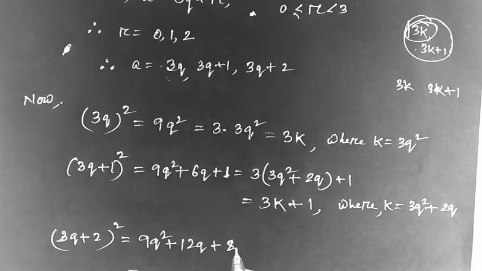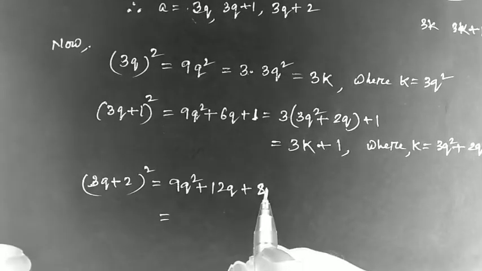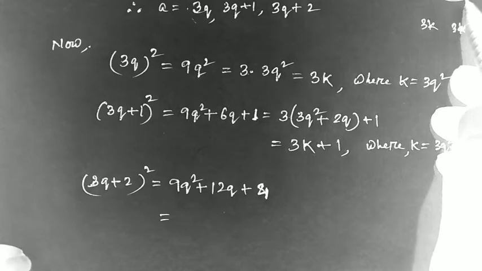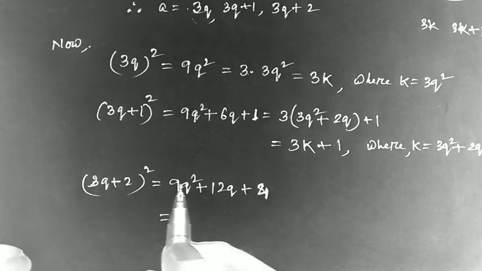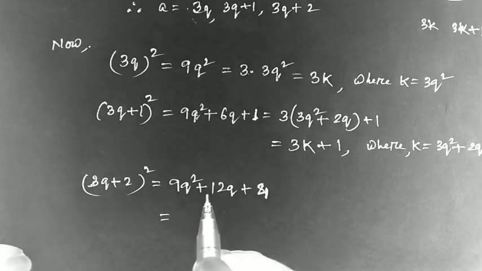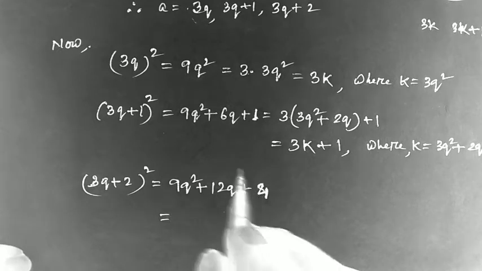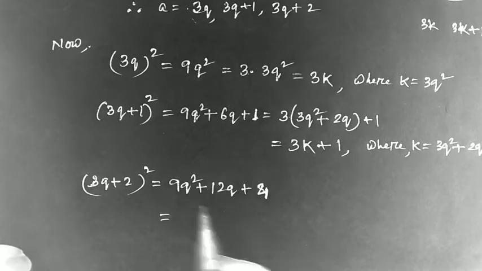Oh sorry, it will be 4. So since we need either 3k or 3k plus 1, in this case we can't say 3k because nothing is common in all the 3 terms.